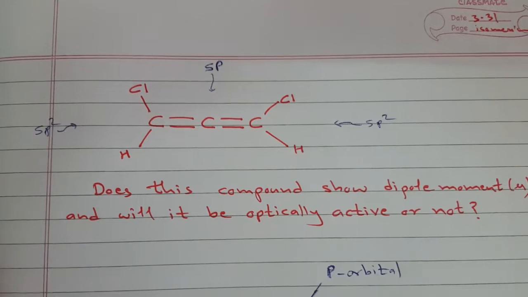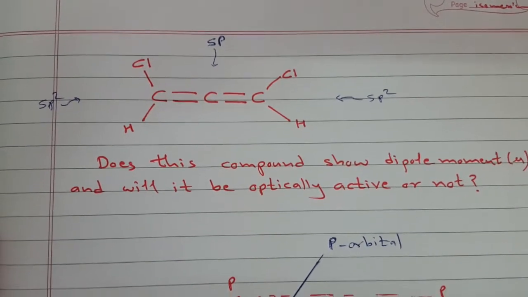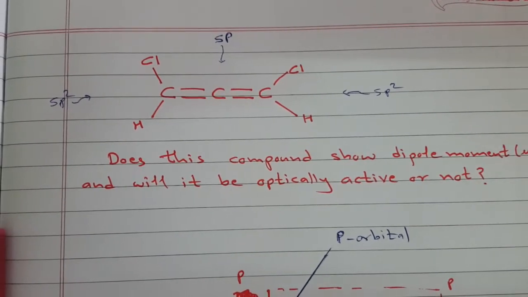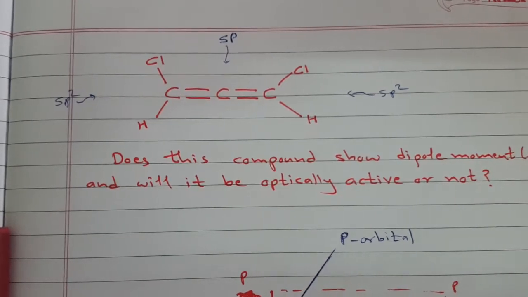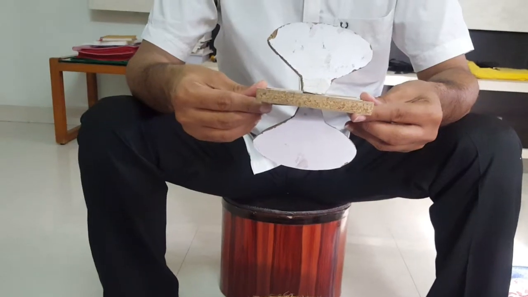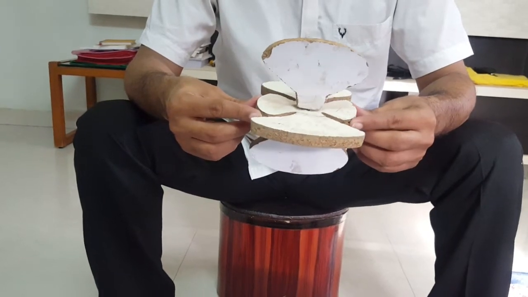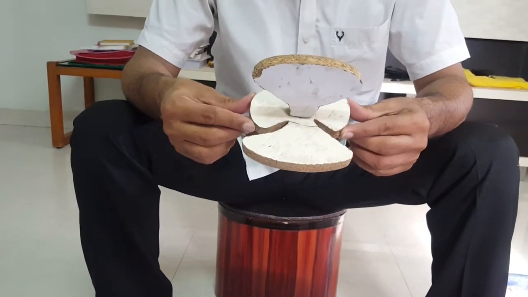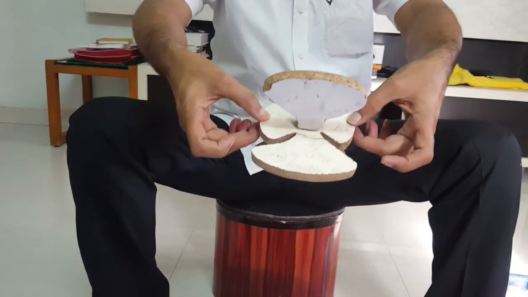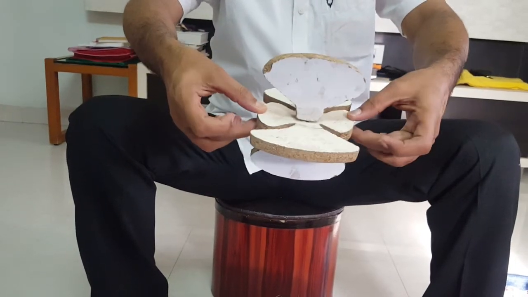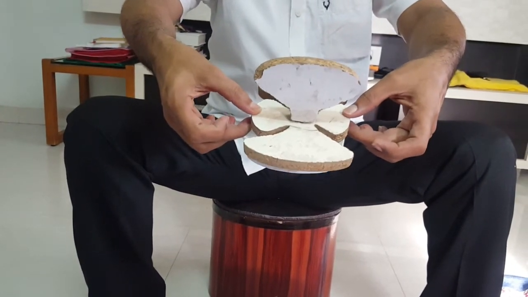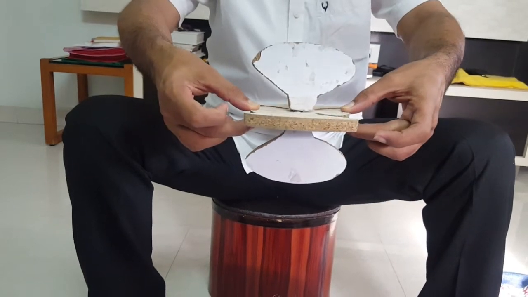Now on paper this becomes complicated to understand, and for that I will use a wooden model to explain this. Okay, this wooden model which I have in my hands: these two between my fingers are sp hybrid orbitals.